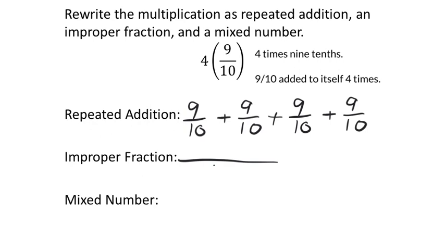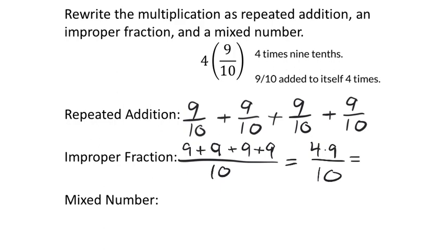So we say, you've got tenths, and you're going to take 9 of them and add it to itself 4 times, right? What this does, and this is getting into the multiplication part of it, is the numerator is all we're worried about. It's really 4 groups of 9, 4 times 9, which is 36. So we end up with 36 tenths.